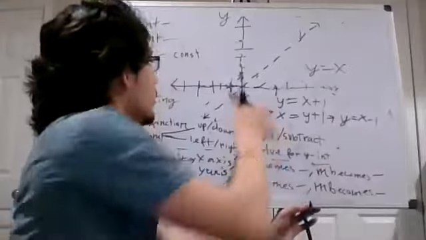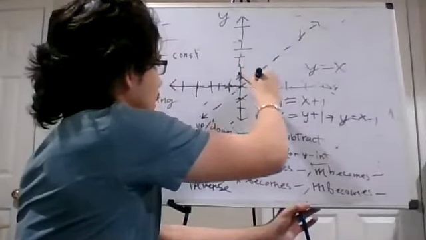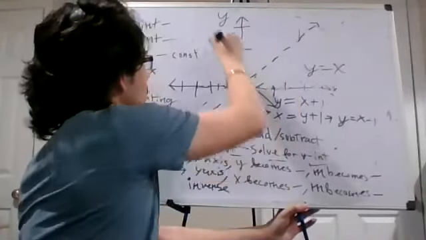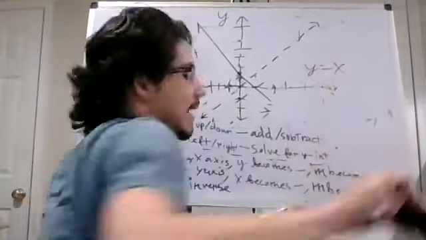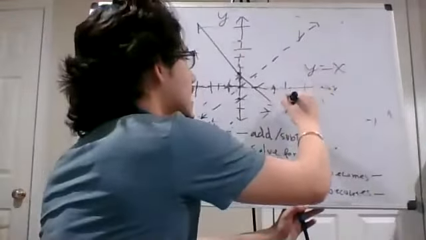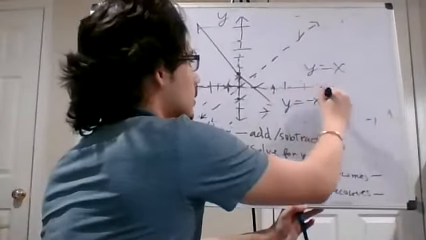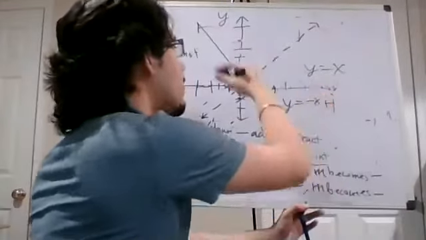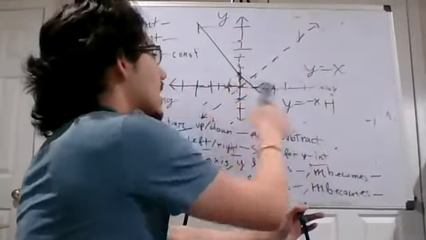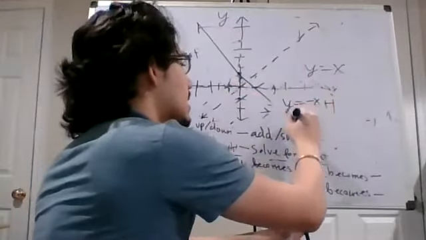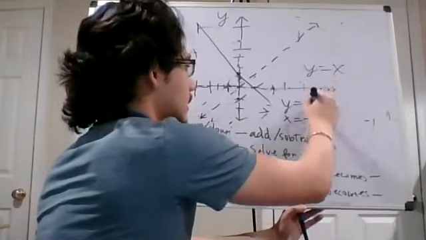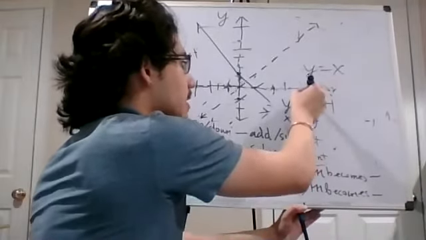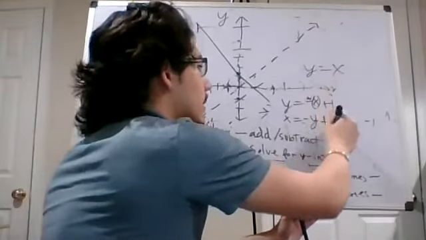If we use y equals negative x plus 1. So if we flip it, if we invert this equation, y equals negative x plus 1, it is now x equals negative y, because this is just a coefficient of x, plus 1.